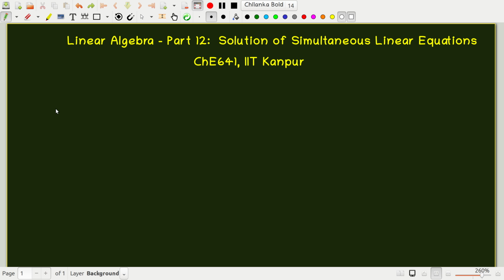First of all, it's useful to understand what is a linear equation. For example, 5x plus 2y is equal to 6 is an example of an equation in the variables x and y, and both x and y occur linearly, because x occurs only once and y occurs only once, and these are some coefficients which are numbers 5, 2 and 6.